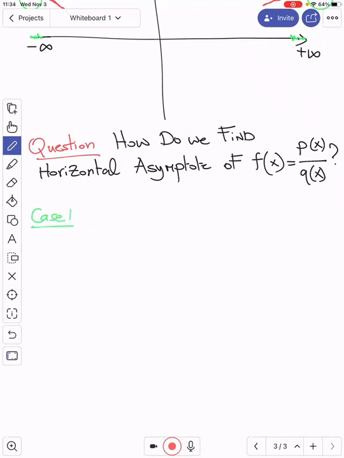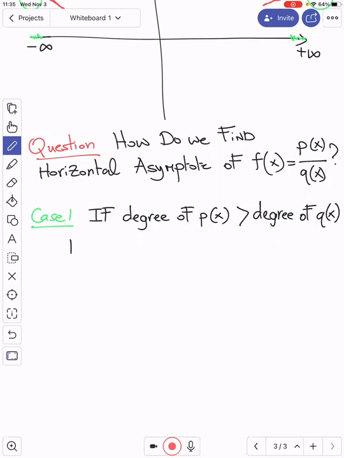So first case, if the degree of p is larger than the degree of q, then there is no horizontal asymptote.